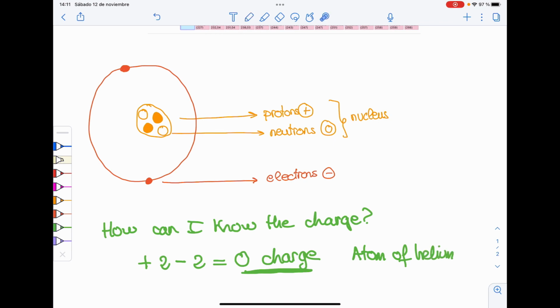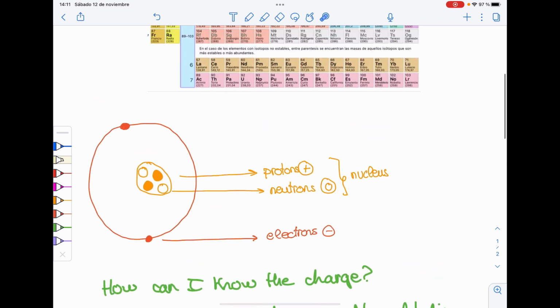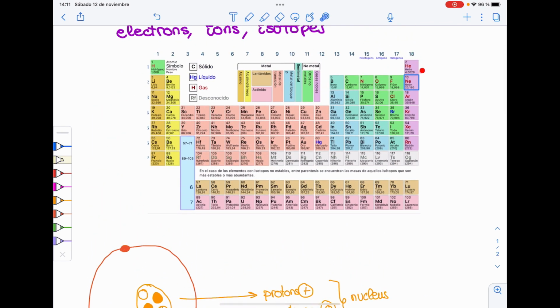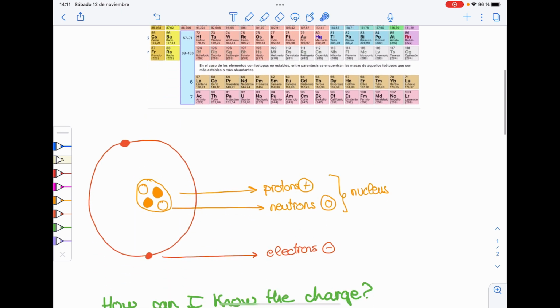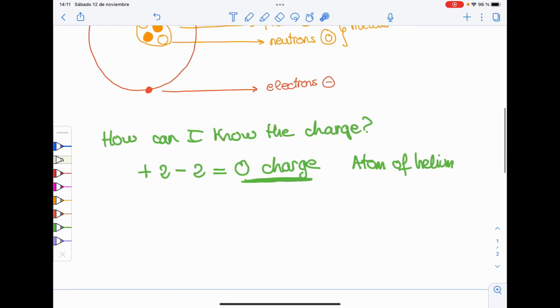How do I know again that this is helium? Because I'm using here the example of helium that has an atomic number of 2. Okay, so let's review again what's the meaning of atomic number and mass number. Helium has these two numbers, and I always write them in the left part of the atom, okay?